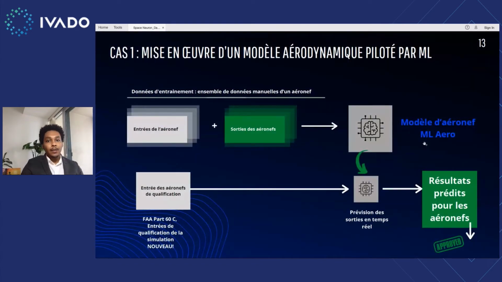So let's take a first use case. We're trying to build the aerodynamic model of the aircraft itself. We're trying to build a representation of the movement, the maneuver, or the state of the aircraft at any given time. That's what Space Neuron could allow us to do. Right now we're at the early stage of results in this exact use case.